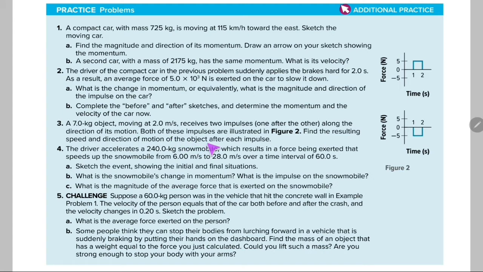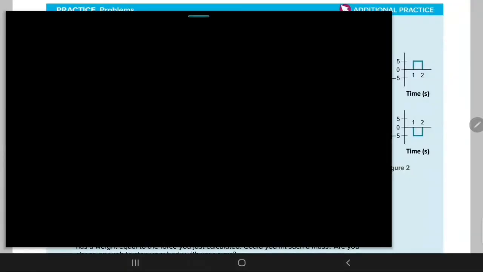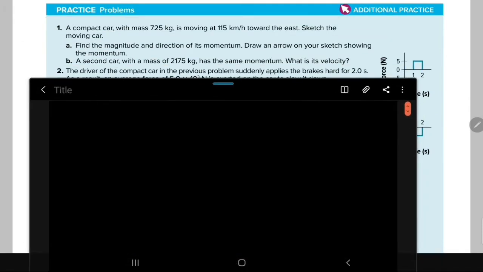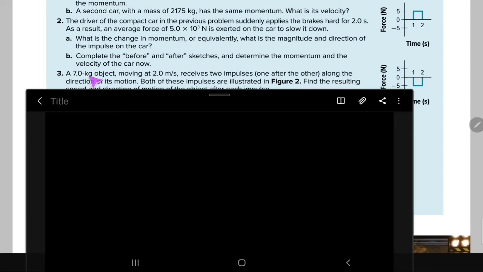So, in this question, we will find the final velocity from figure 1 and figure 2 for the object. As we learned in the beginning, we should write the knowns in this question. So, what do we know for this question? In the beginning, we have 7 kilogram. This is question number 3.